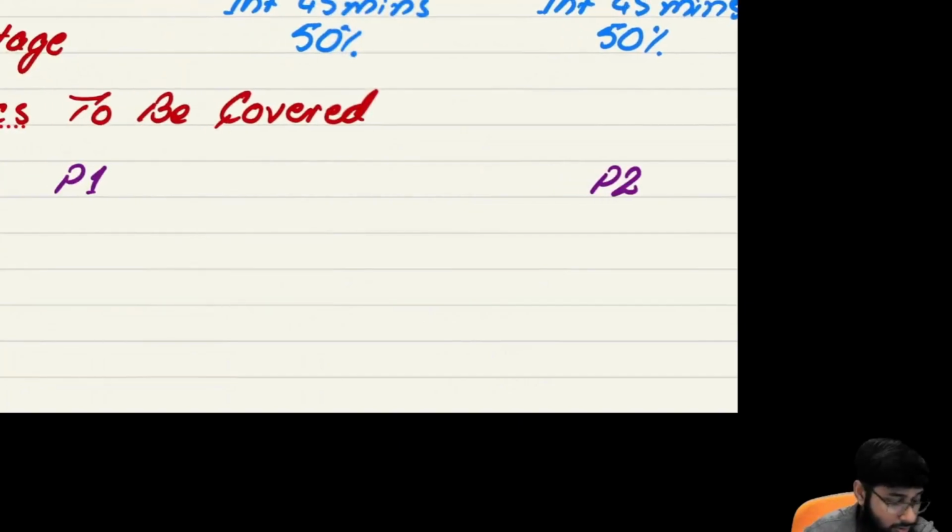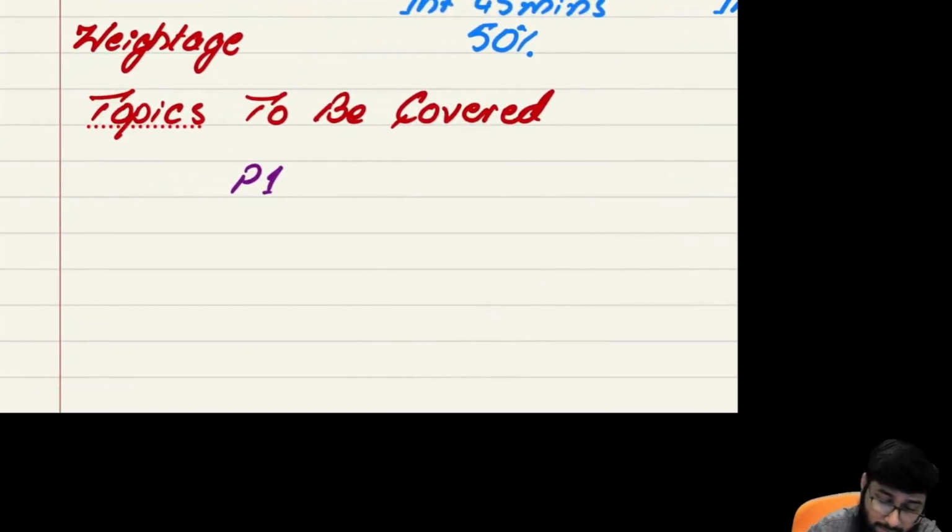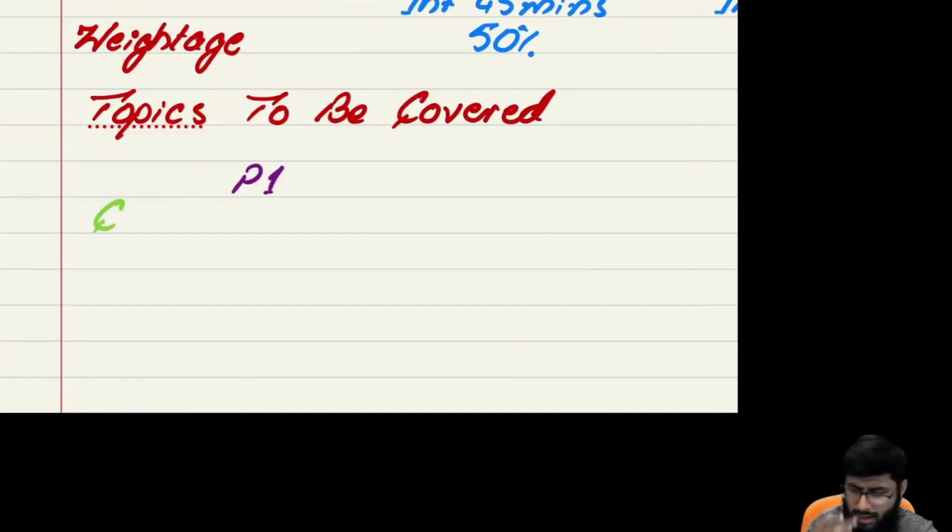First of all, what is the name of P1? The name of P1 is computer systems. Earlier it was also called the theory paper. Now it has been named computer systems.